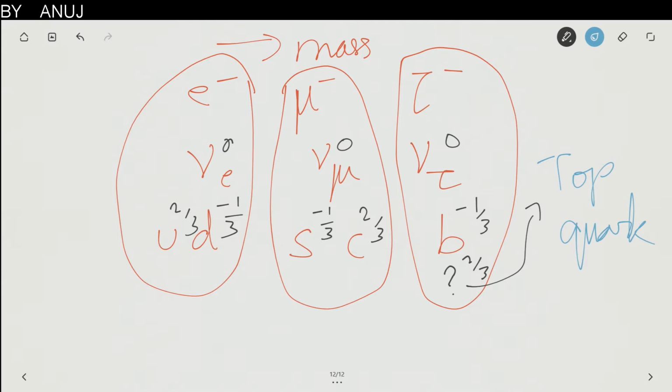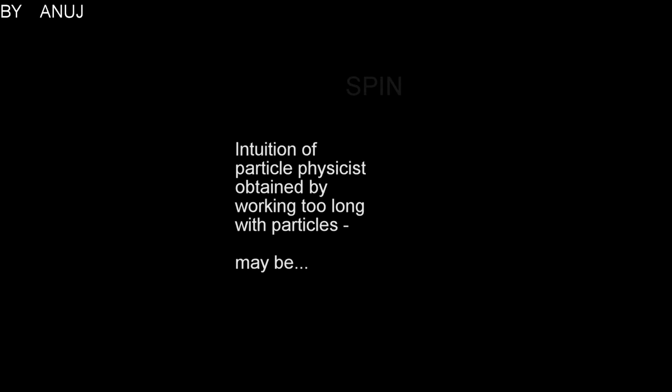And okay, this is just one example. Let's take a look at another one. Now they took a bunch of baryons with half spins, and I seriously, my intuition doesn't tell me why they chose them, maybe because they might be working too long with the elementary particles, and somehow they saw, okay, if we take this group, we might find something, I don't know.